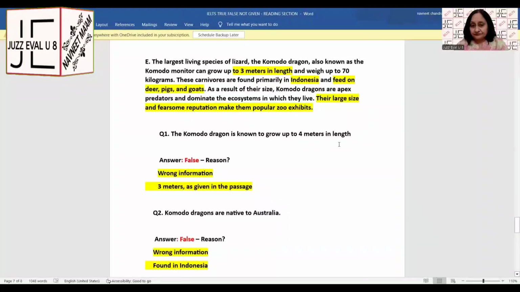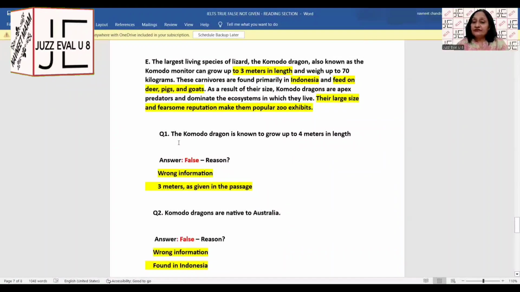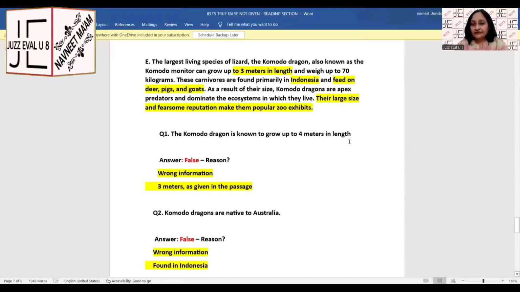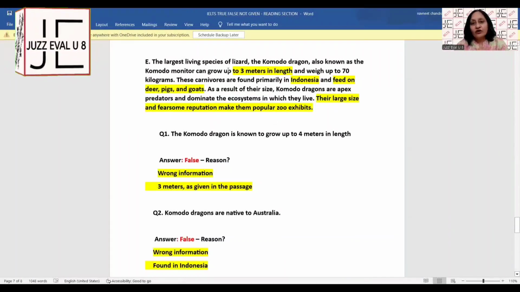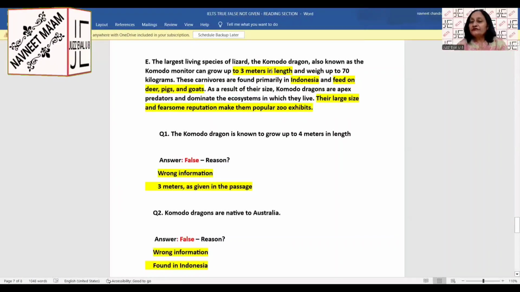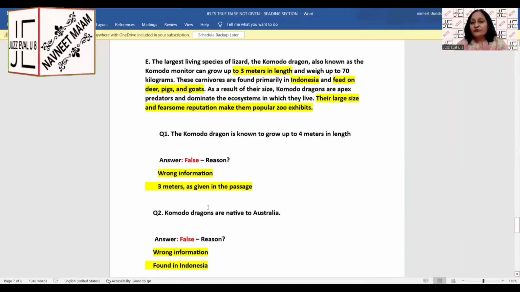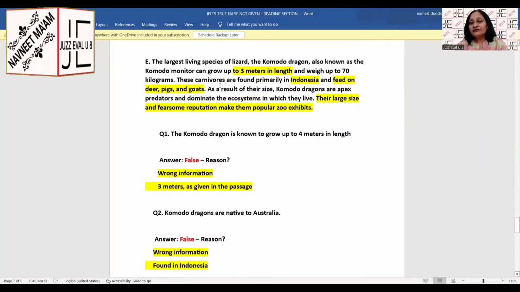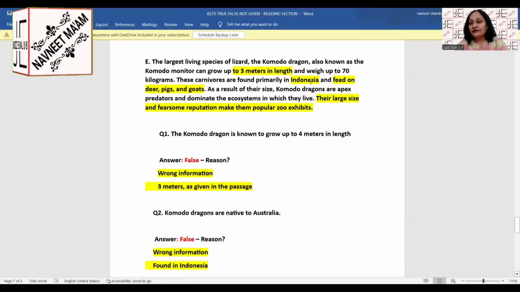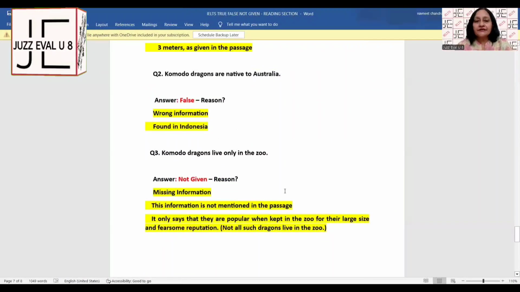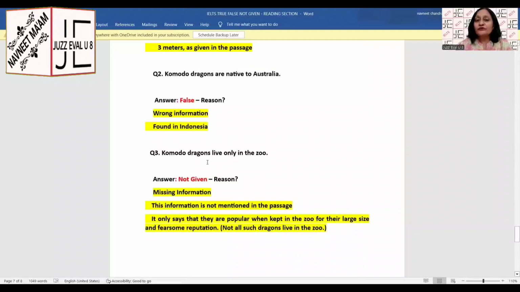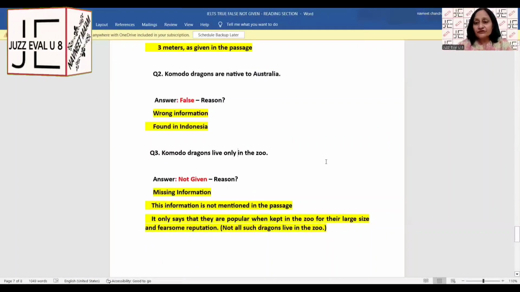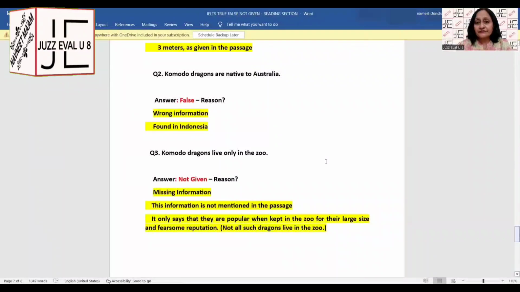Now, the first question, the Komodo dragon is known to grow up to 4 meters in length. This is clearly false as it can grow up to only 3 meters in length. Komodo dragons are native to Australia. Again, false because it's written they're found primarily in Indonesia. Now, let's see the third question where it says Komodo dragons live only in the zoo. Now, this information is missing.